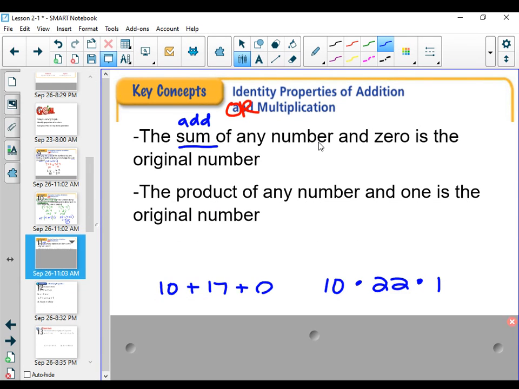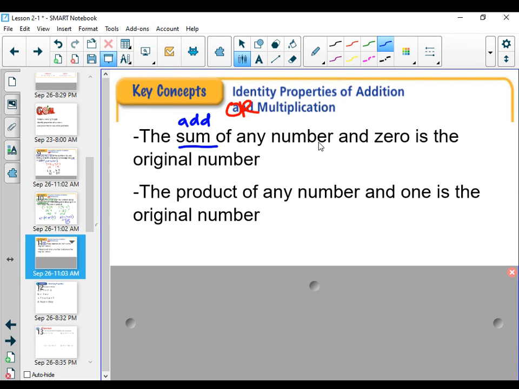Or the product of any number and 1 is the original answer. For example, 7,290. Add 0. Still 7,290. Doesn't matter how tough or big that number is, it's the same answer.